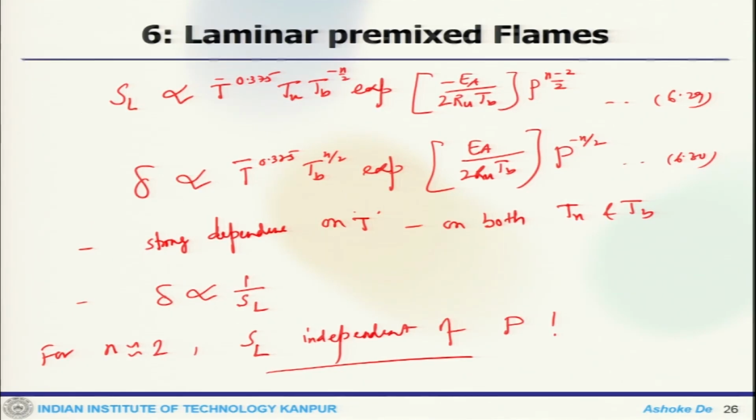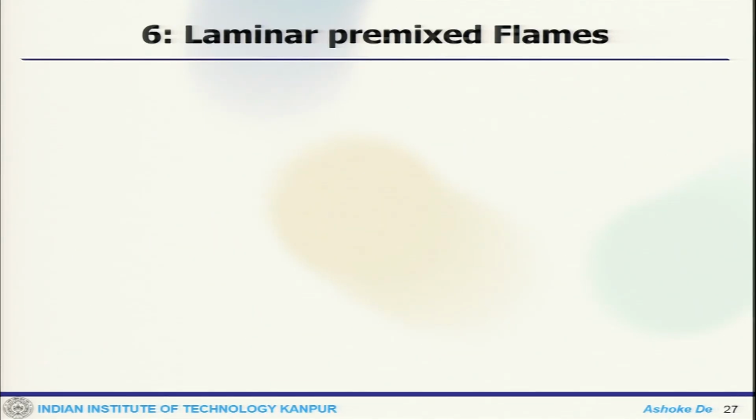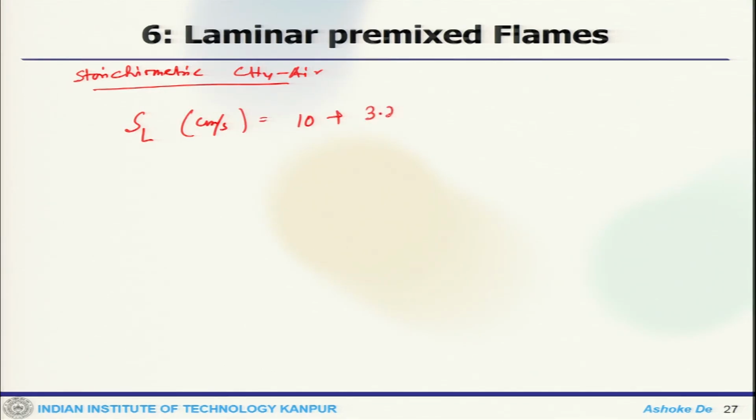Now, there are different correlations which actually exist, for example for the stoichiometric methane air mixture, where SL is 10 plus a square term, and this is based on temperature.